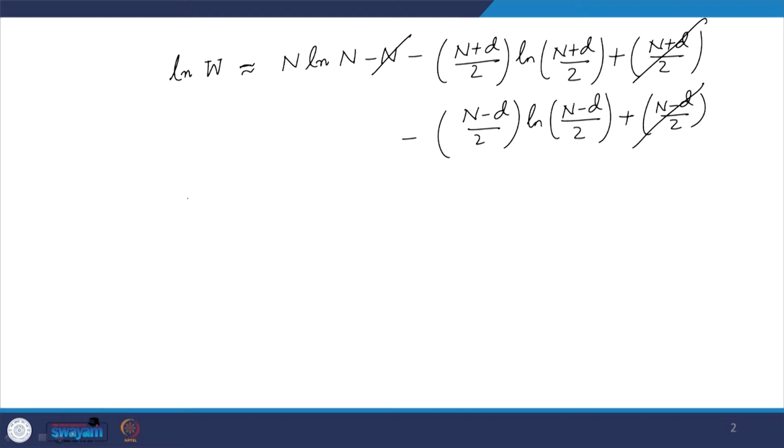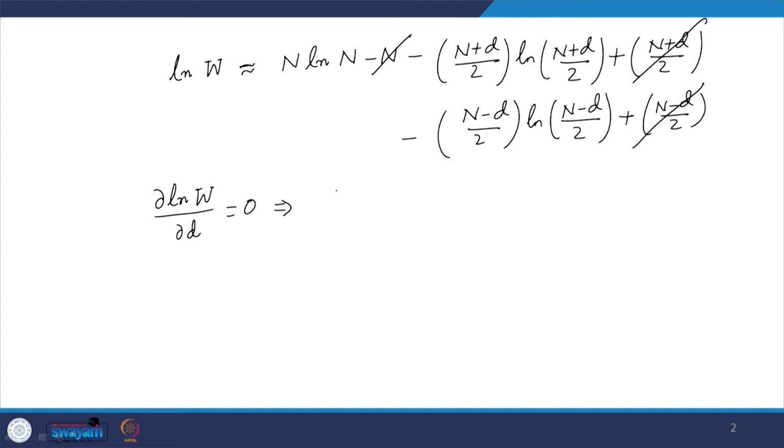So, therefore, we are ultimately interested in d. We want to maximize this. In this case, the extremum relation is dou ln W by dou d equal to 0, and the first term will be 0 because N is a constant. The second and third terms will appear.